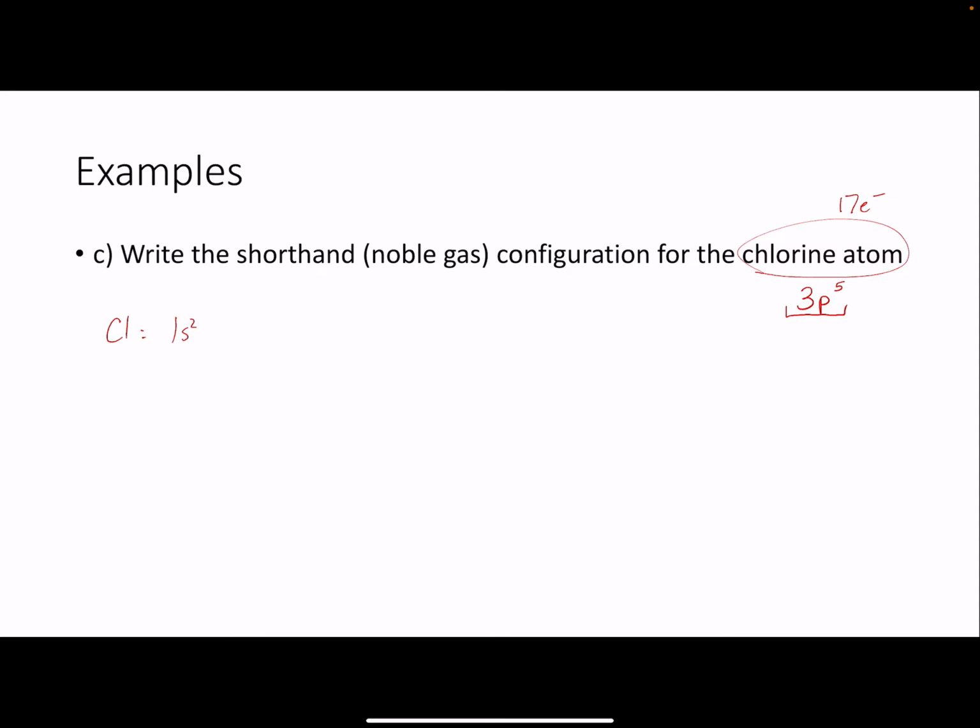So 1s2, 2s2, 2p6, 3s2, 3p5. It's not 3p6 because it doesn't have 18 electrons. Now the shorthand, I'm going to replace the last filled p orbital with neon, 3s2, 3p5.